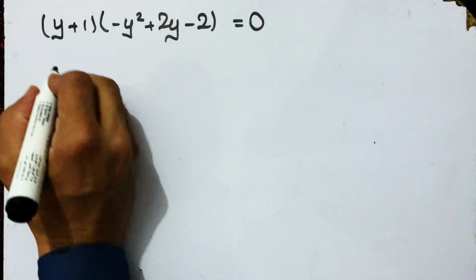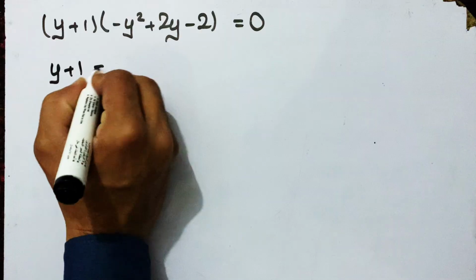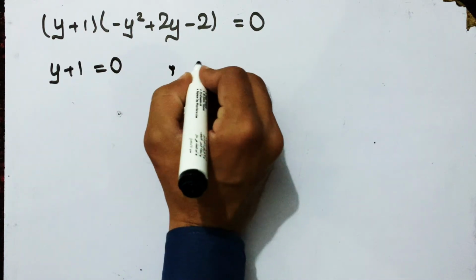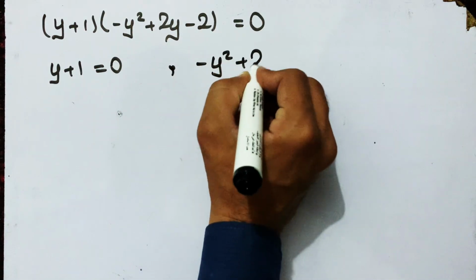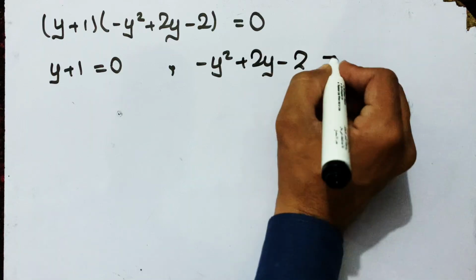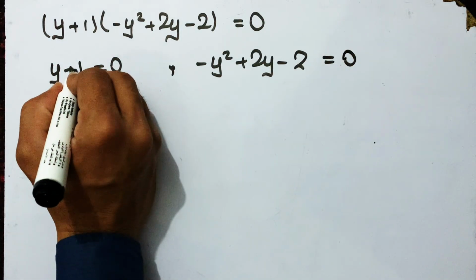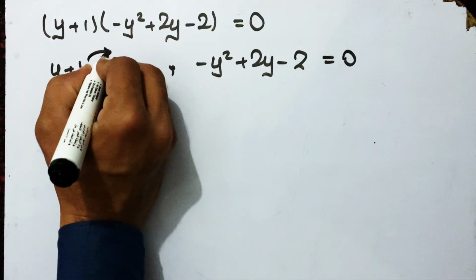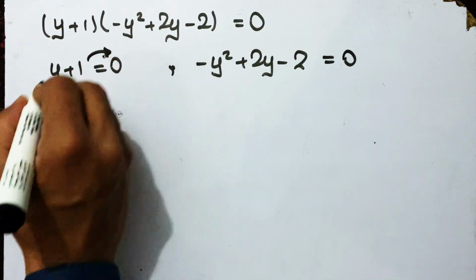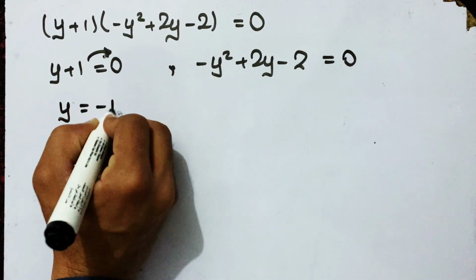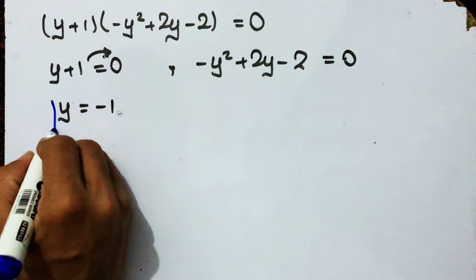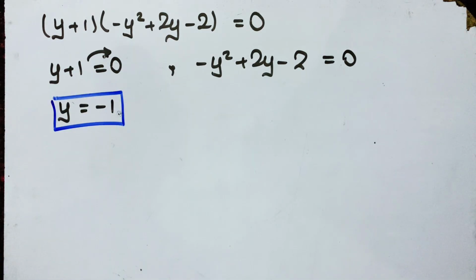So now what are the factors? Y minus 1 is equal to 0, or minus y square plus 2y minus 2 is equal to 0. So plus 1 goes to the opposite side of equal, negative. Y is equal to 1.